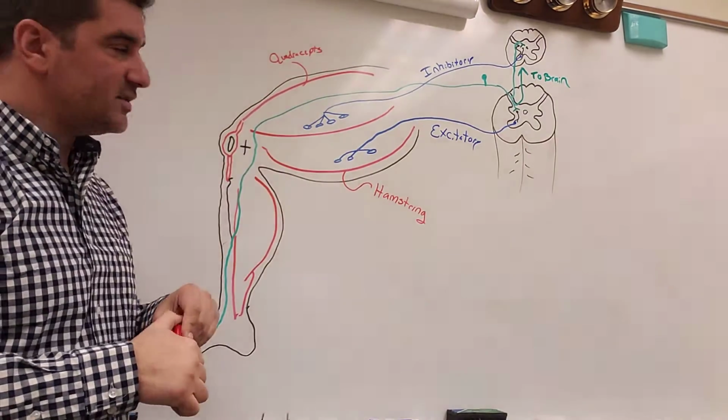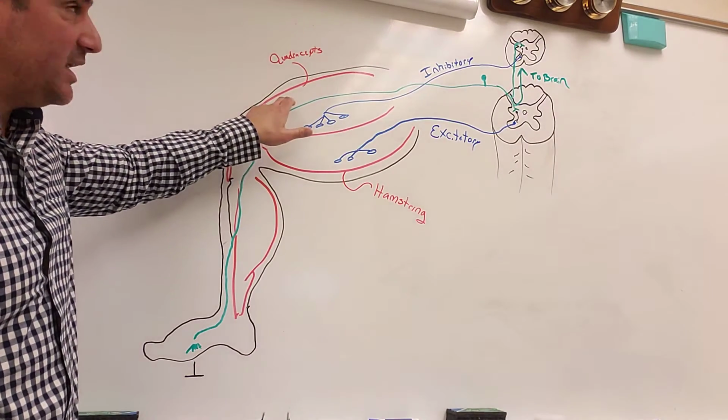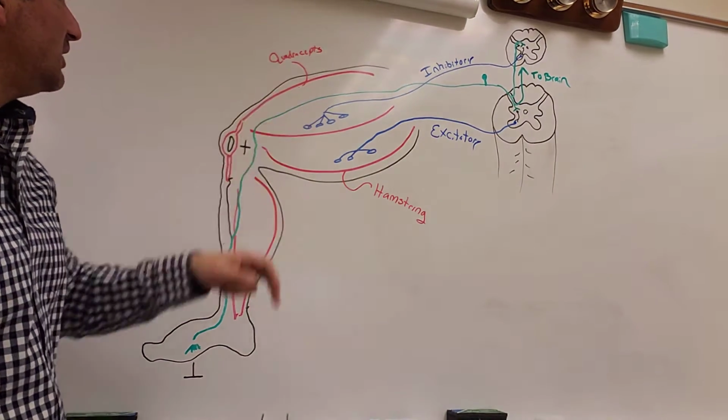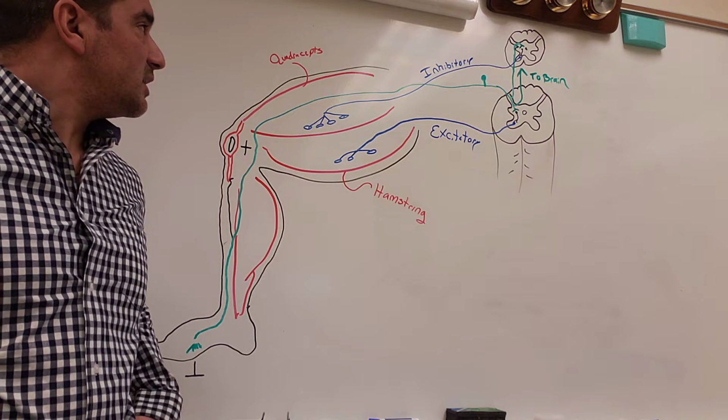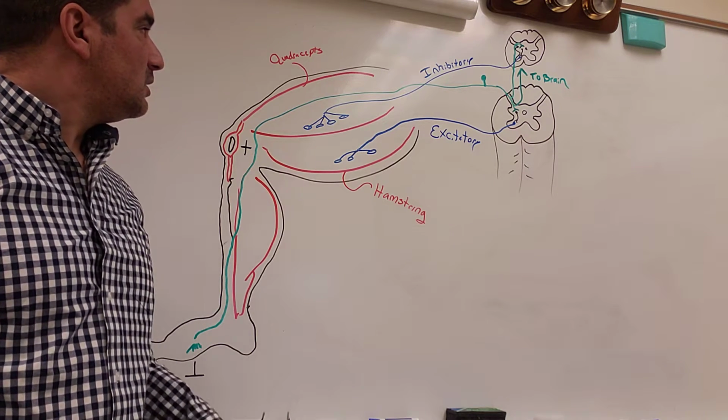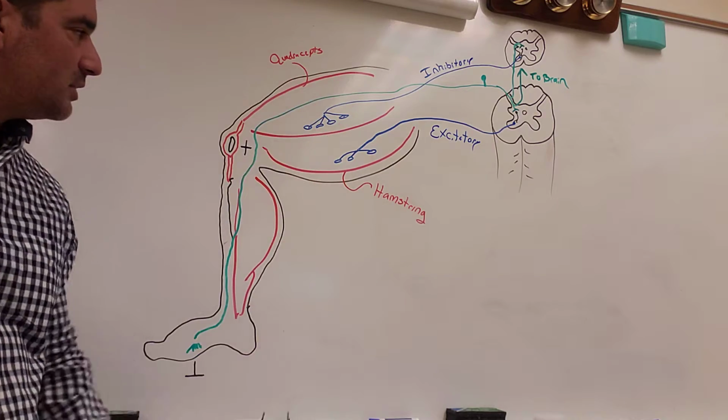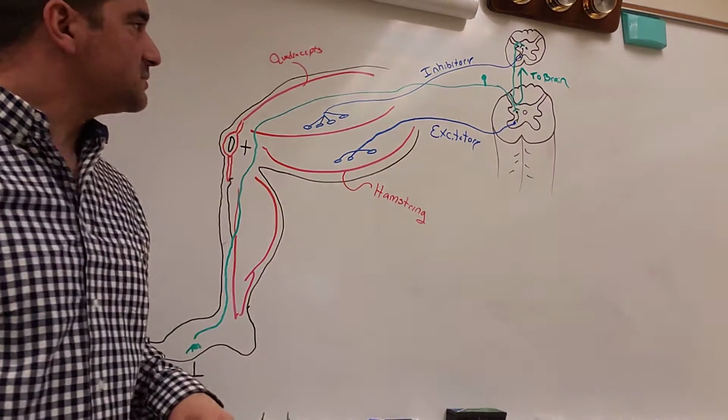Up here, your vastus medialis, your vastus rectus, vastus femoris. So this is your quadriceps. This is your hamstrings.